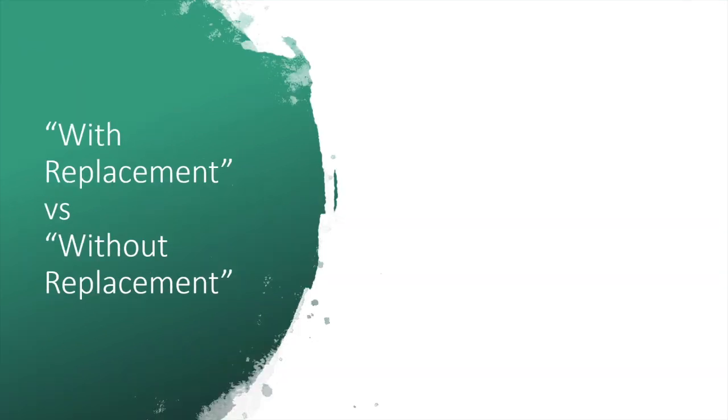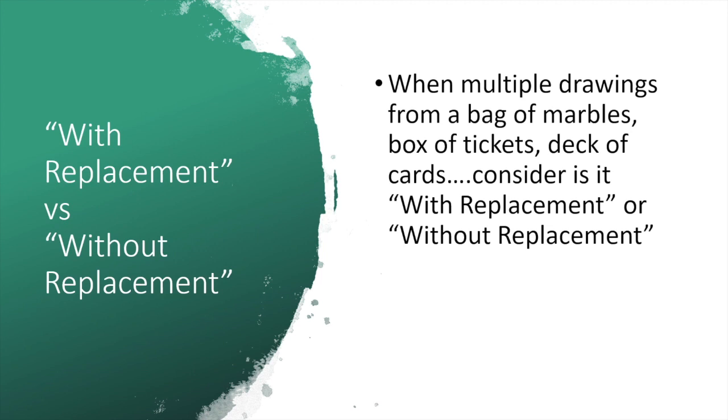So when you're deciding if you need to use the conditional probability of the second event, you can look for words in the problem that say with replacement or without replacement. And sometimes the problem won't even say those words specifically, but you can think in your head, okay, am I using with replacement? Am I replacing the item and putting it back before I draw again?